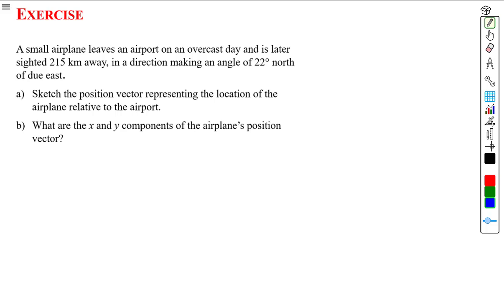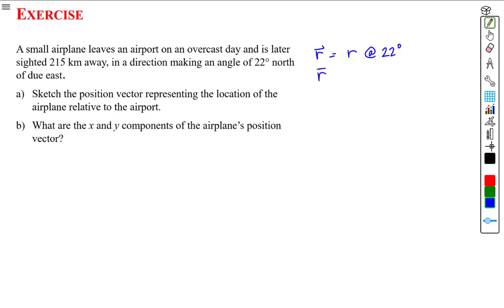So we will say that r vector is equal to some distance away from the airport at some angle, 22 degrees. So r vector equals r at 22 degrees.